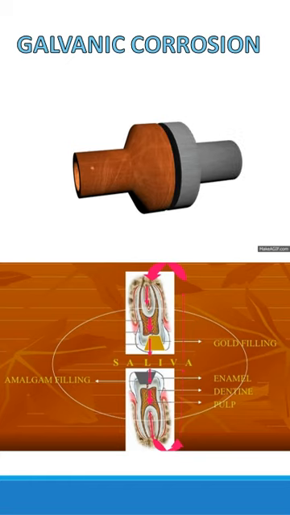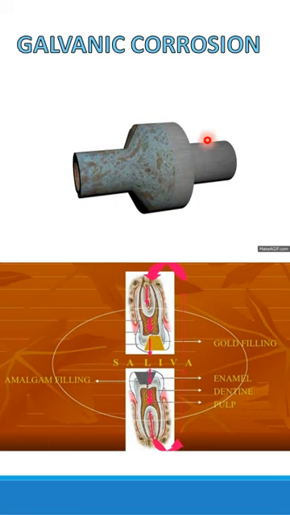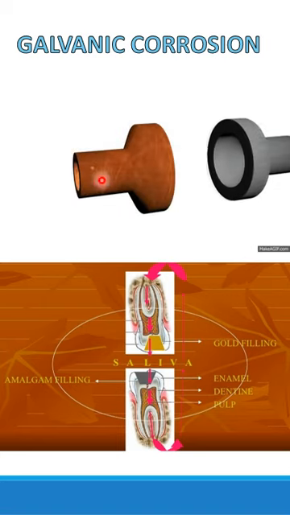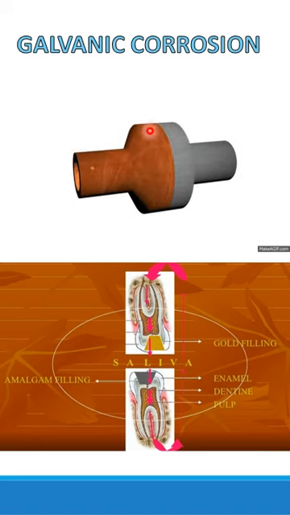Next is your galvanic corrosion. This is of special importance in dentistry because galvanic corrosion is the corrosion caused due to two dissimilar metals in direct contact with each other. As you can see in the first picture, because of the direct contact of dissimilar metals, the more negative potential metal will corrode.